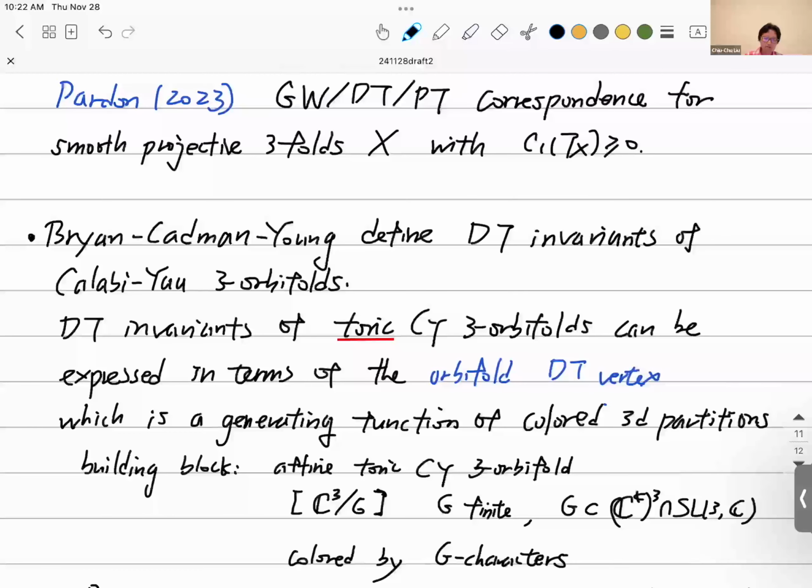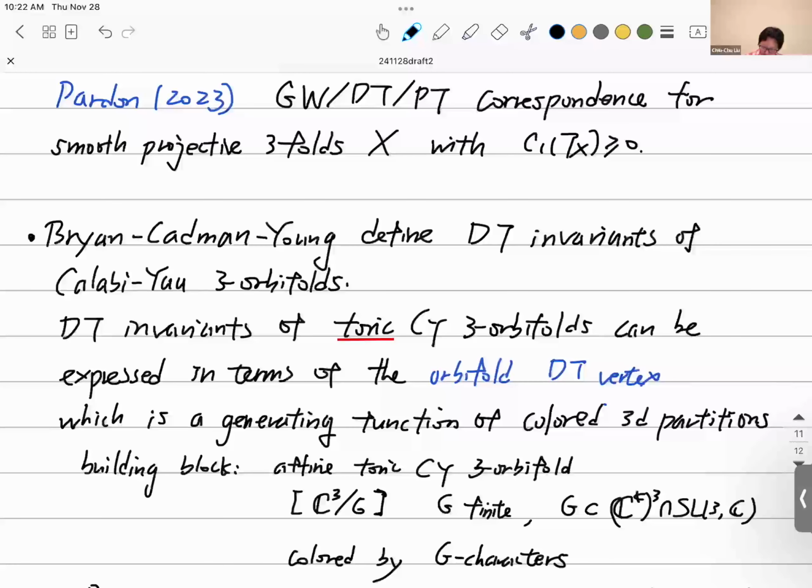But for toric Calabi-Yau 3-orbifolds, the charts are affine toric Calabi-Yau 3-orbifolds. So it's C^3 quotient by a finite group G, which is abelian. We may assume it contains the torus, and also because of the Calabi-Yau condition, it is in the special linear group.